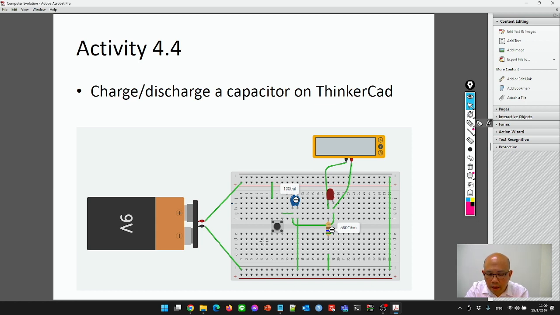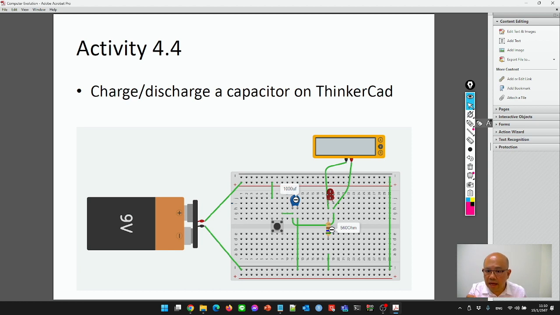After you release the button, you don't press it, and the capacitor supplies the power to the LED to light the LED. The LED will give brightness for a few minutes, and then the LED turns off.